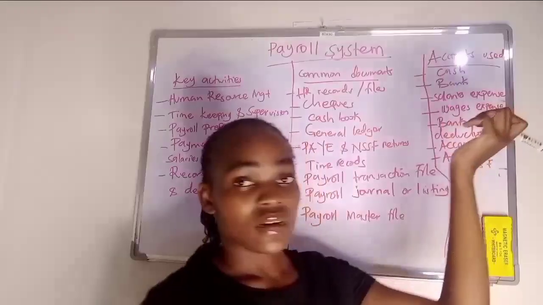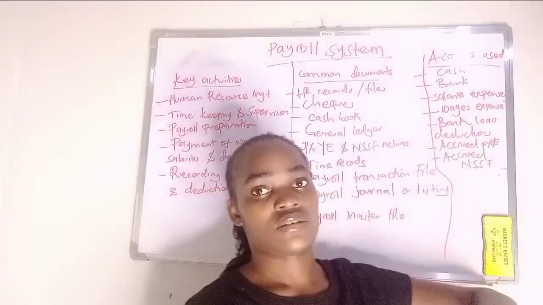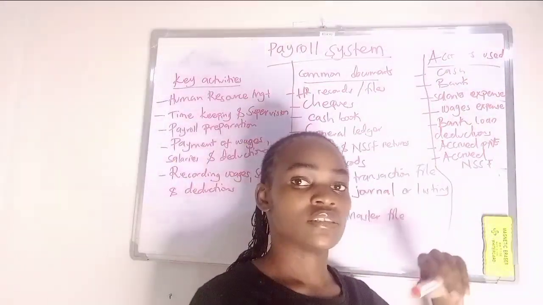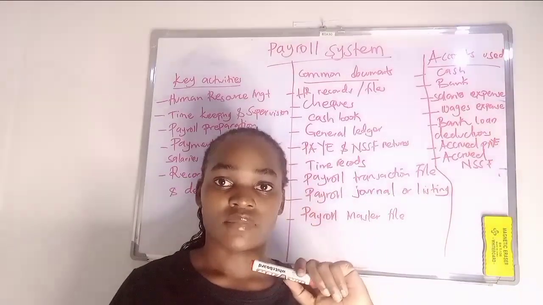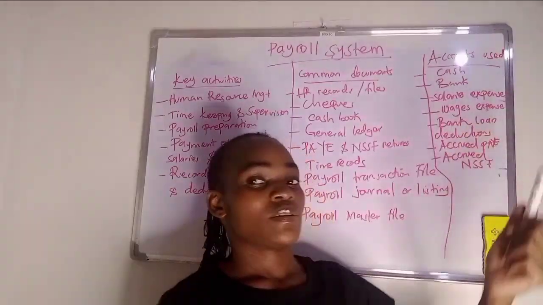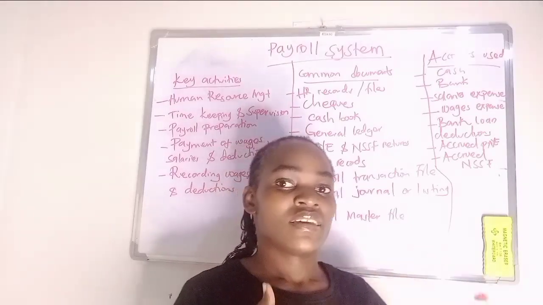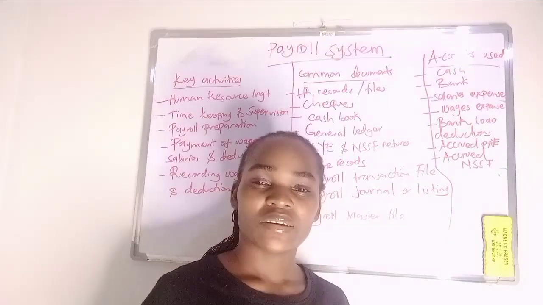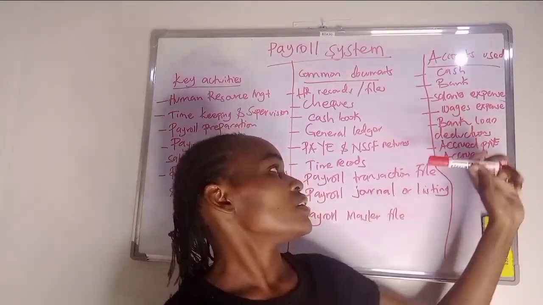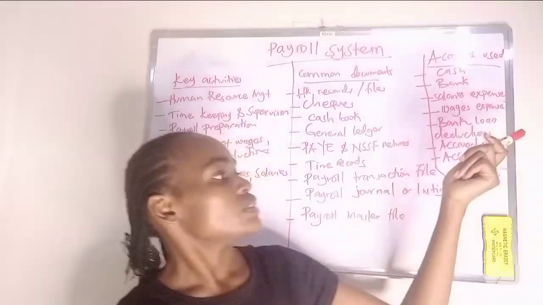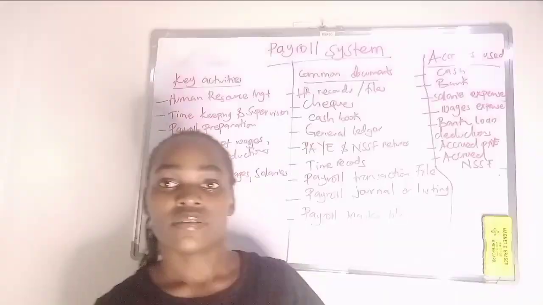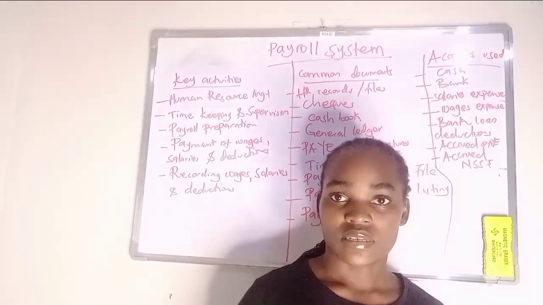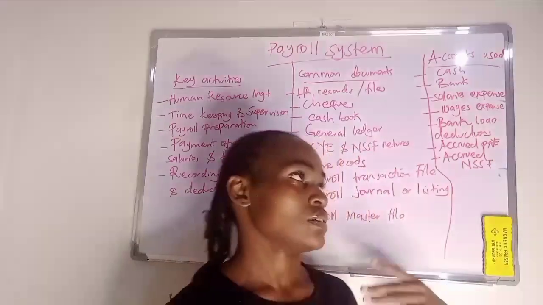Then some of the accounts that are used in the payroll system, we have cash. Of course, sometimes employees are paid by cash. Then we have bank, sometimes they're paid by check. We have salary expense. When you pay them, the salary expense is increasing, then the wage expense is also increasing, stuff like that. Then bank loan deductions, in case an employee got a loan from the bank and their salary is supposed to be deducted before them receiving it.